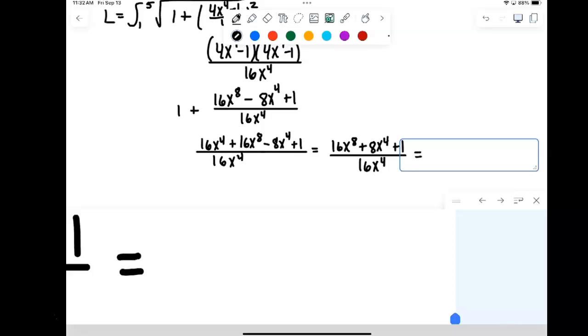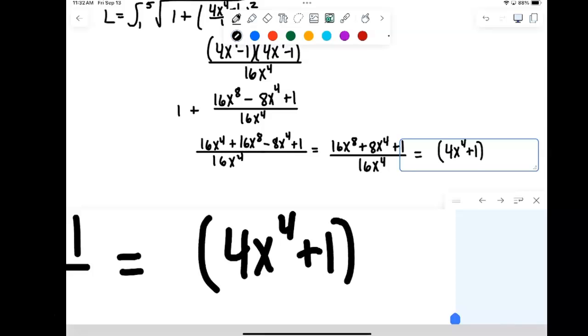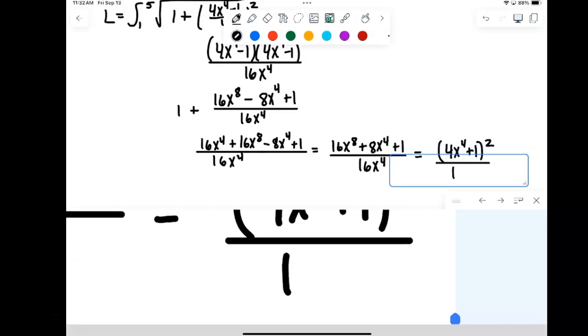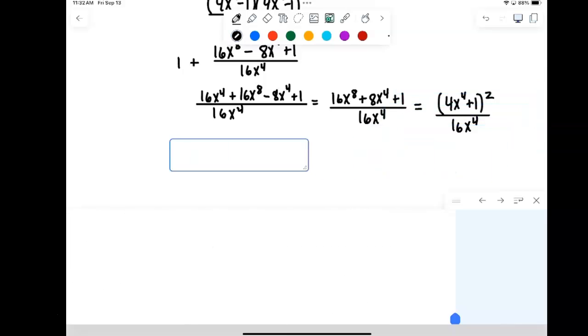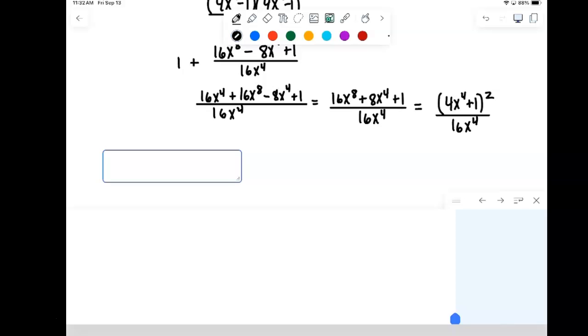So I can write that down as 4x to the 4th plus 1 quantity squared over 16x to the 4th. And it's this idea that I can write all that stuff as something squared that actually lets me work out this integral.